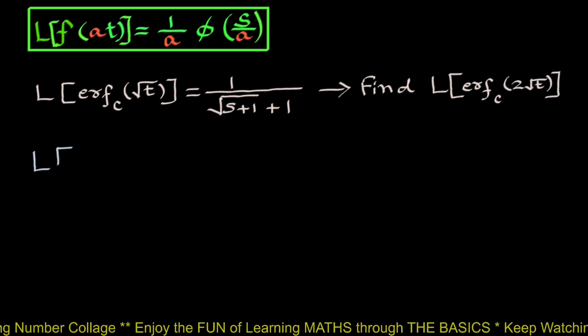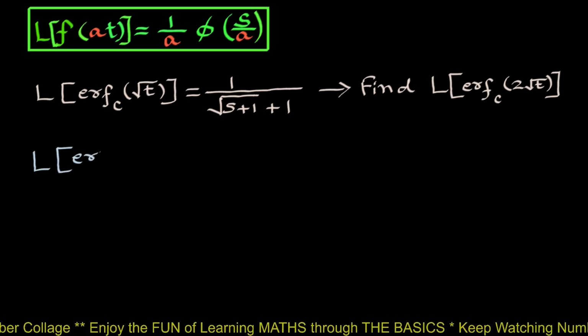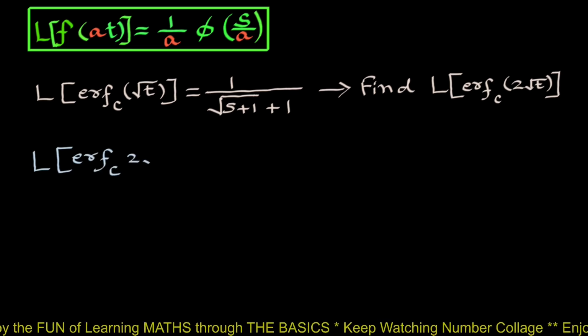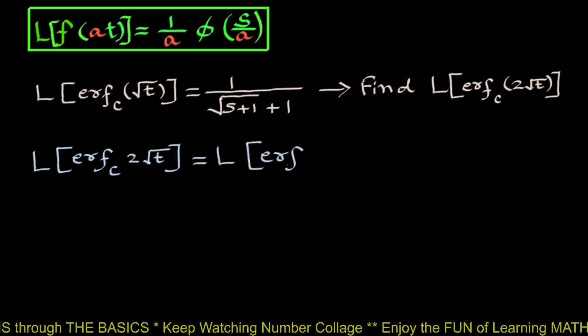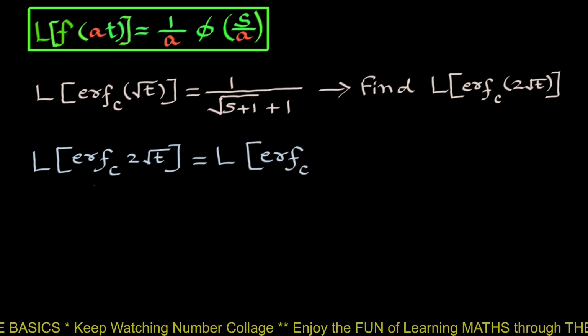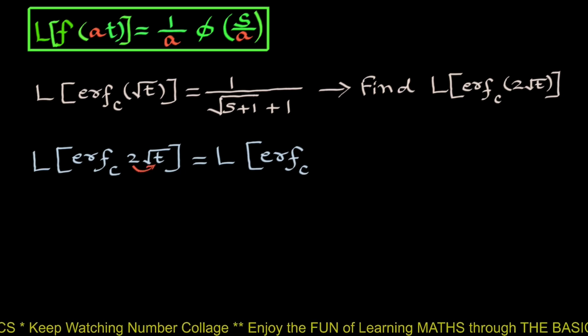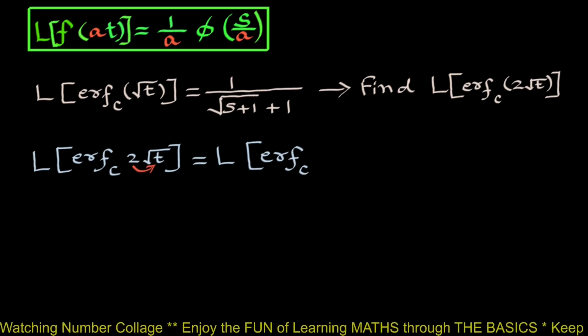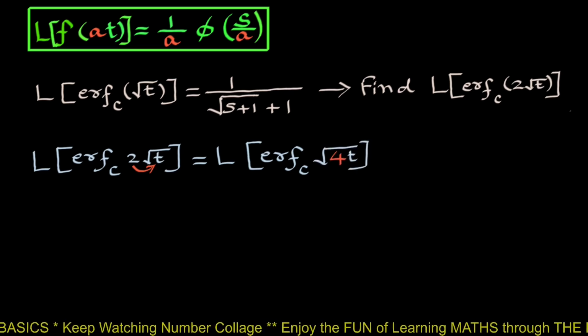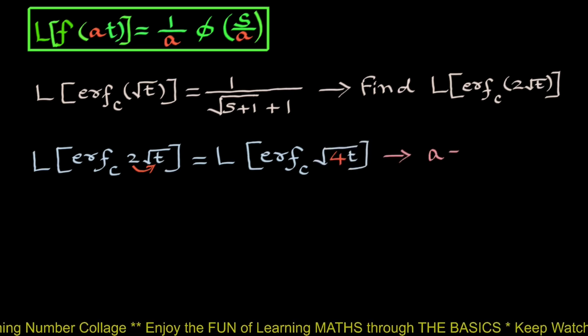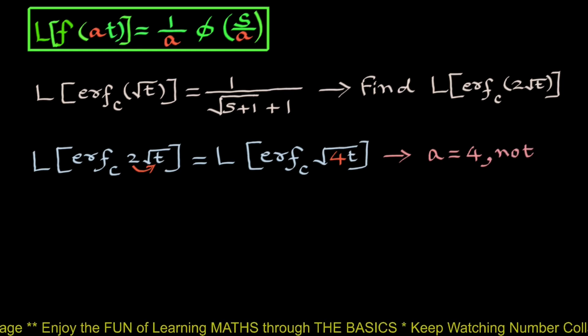This will be Laplace transform of ERFc. We have to take this 2 inside the square root sign, so that will become square root of 4t. So remember here, a in this case will be 4 and not 2.